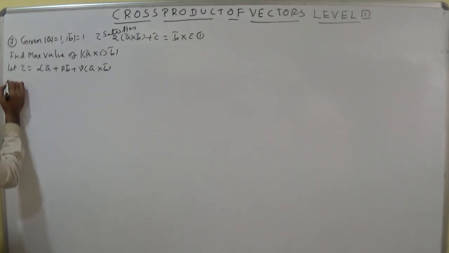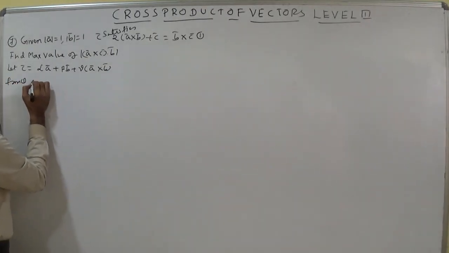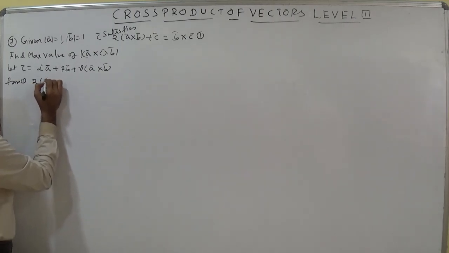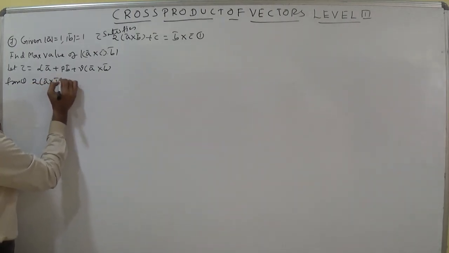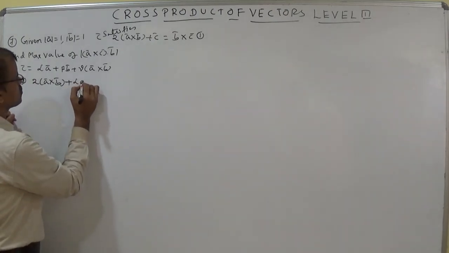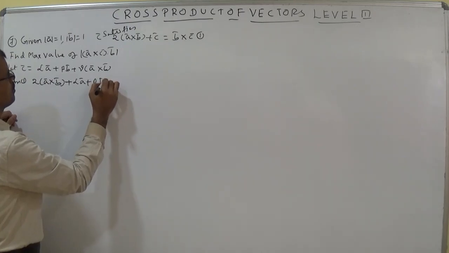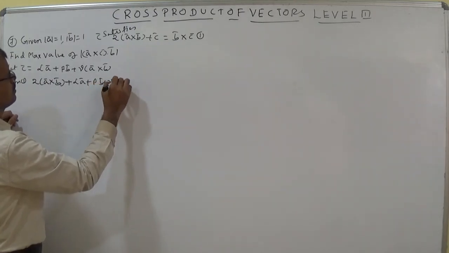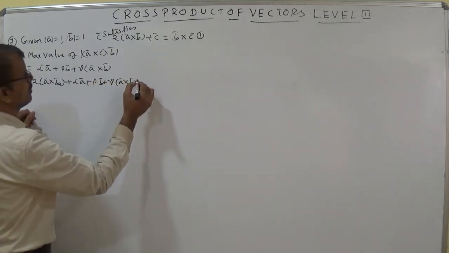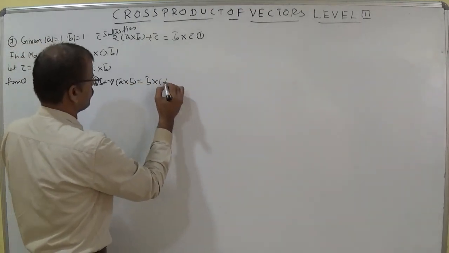Now from 1 we can write 2 into A bar cross B bar plus C, and here you write alpha A bar plus beta B bar plus gamma into A cross B, is equal to B cross C, the full letter, and here you write alpha A bar plus beta B bar plus gamma into A bar cross B bar.